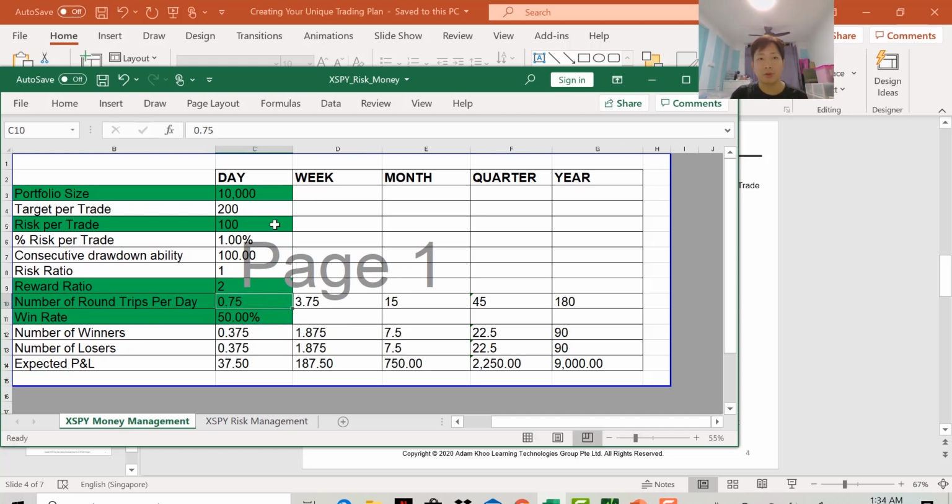You can only change the one in green over here. When you key in 0.75, you can see that in a month there's about 15 trades, in a quarter 45 trades, in a year 180 trades. This is basically the average number of trades you do per day. On a week, it's about 3 to 4 trades on a 1 year 2 days swing trading chart.